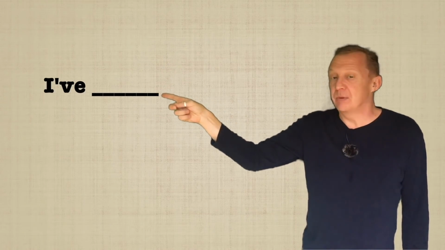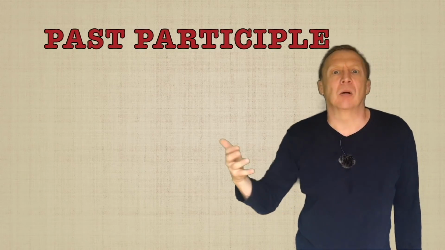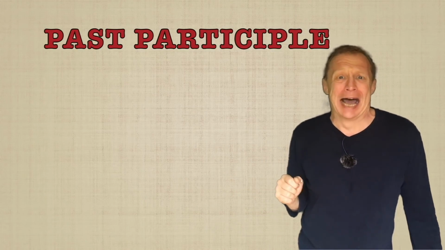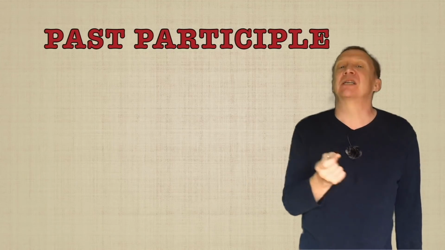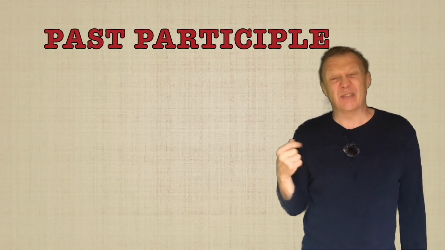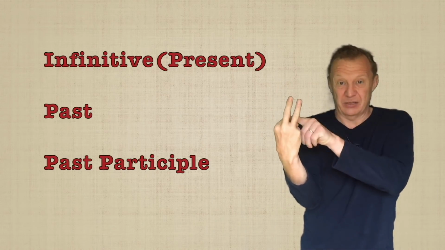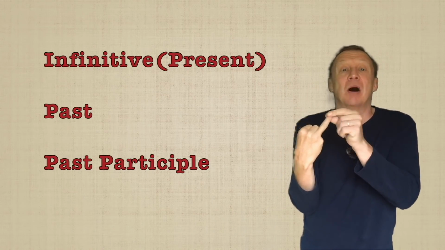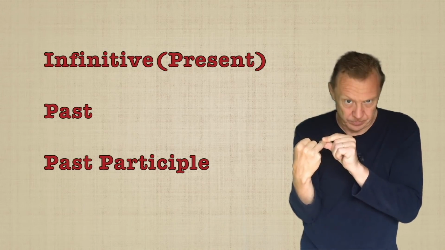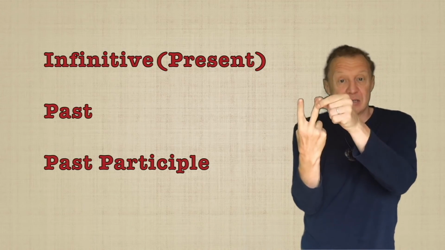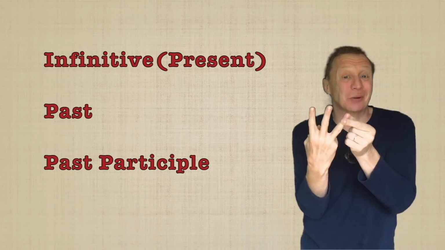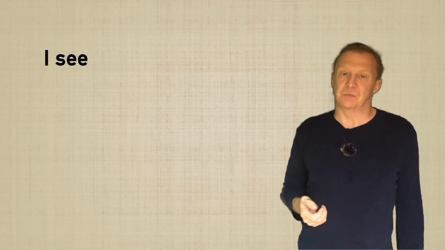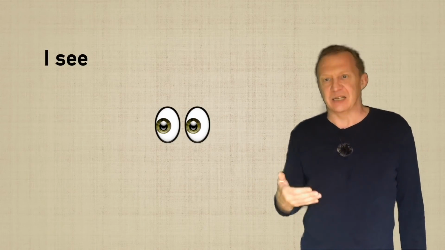Now, the next verb is what we call the past participle. Oh, what's that? Past participle. Now, every verb in English has three parts. The present, the past, and the past participle. So, for example, you say, I see.